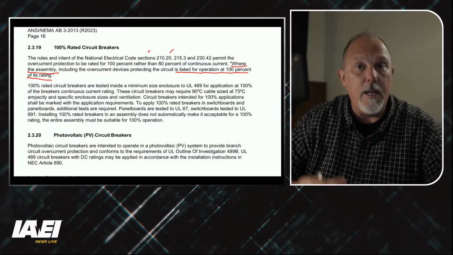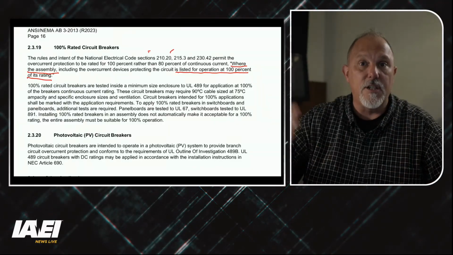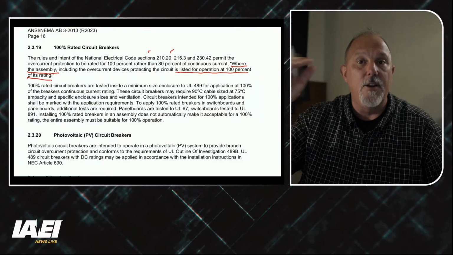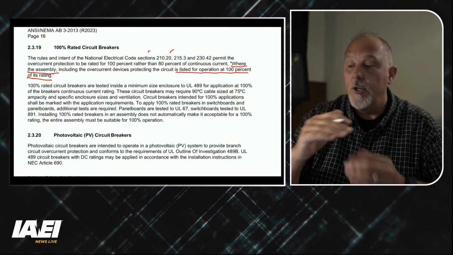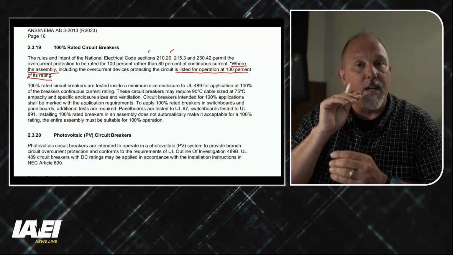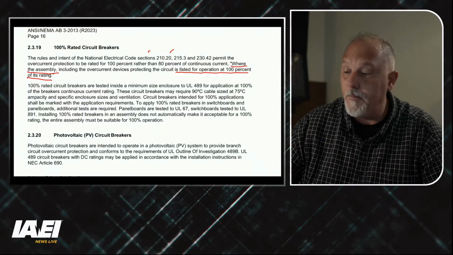Maybe, just maybe, the size of the enclosure getting larger compensates for the smaller conductor size on the lugs of that circuit breaker, right?